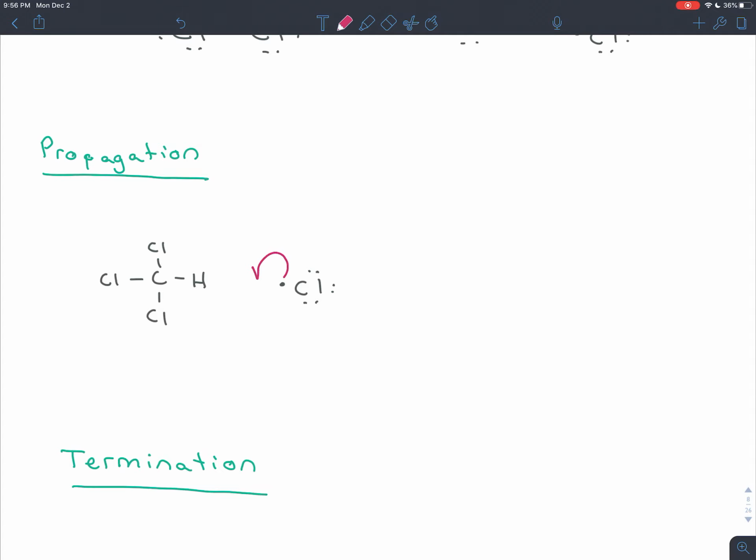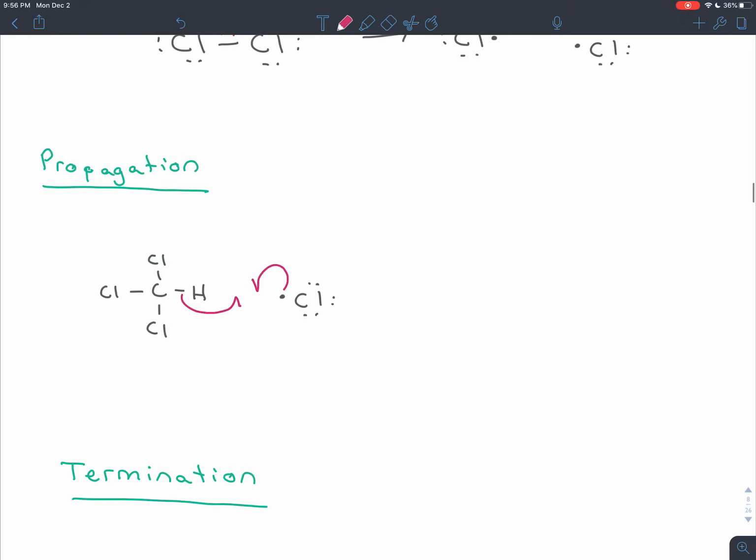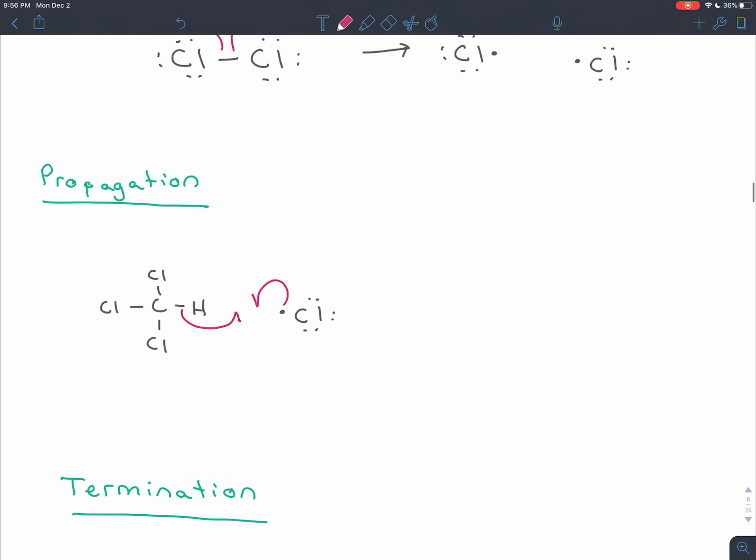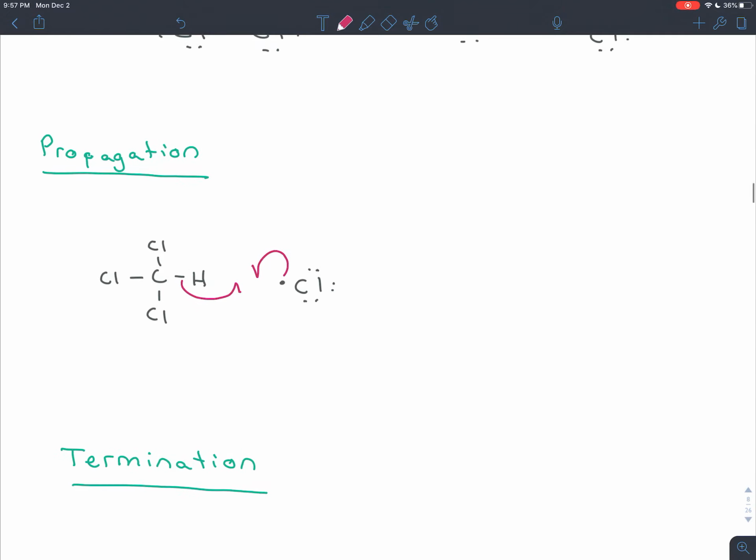The chlorine radical will contribute its one unpaired electron to form that bond, but it will need another electron to form a bond. And so it will take it from the bond that the hydrogen is in. The hydrogen and one of its electrons will get ripped away from the molecule it's in and will connect with this very reactive chlorine radical to form that new bond.